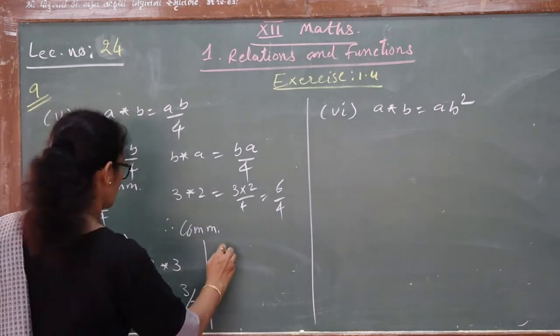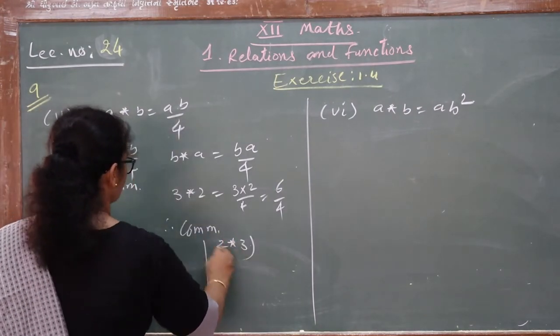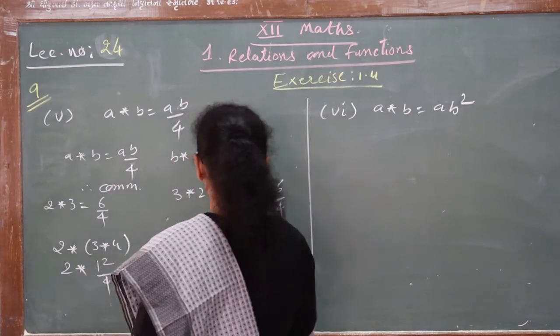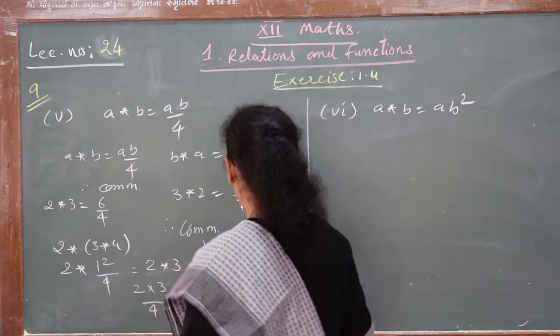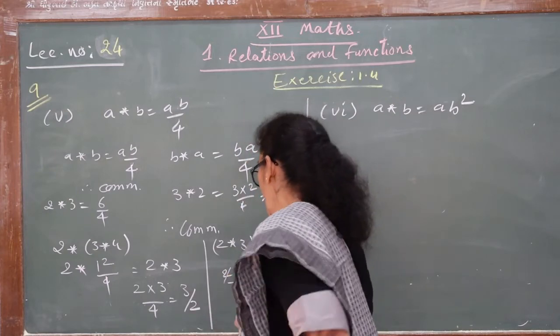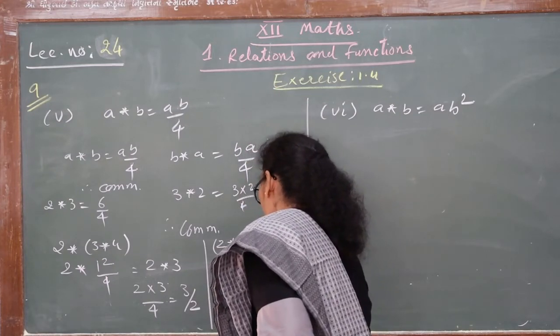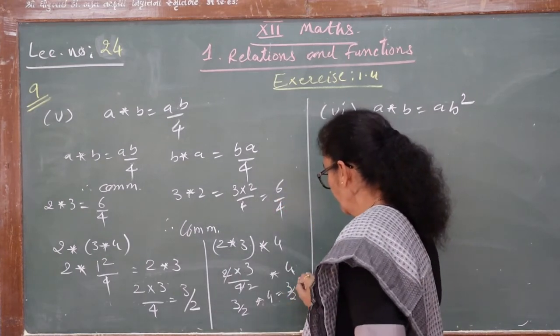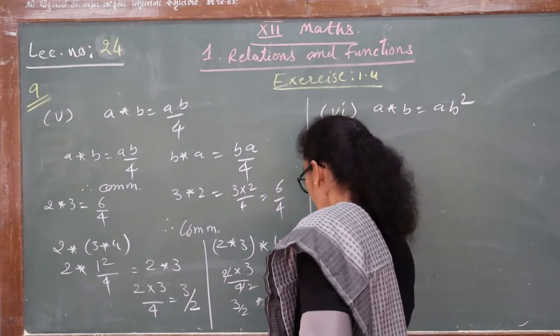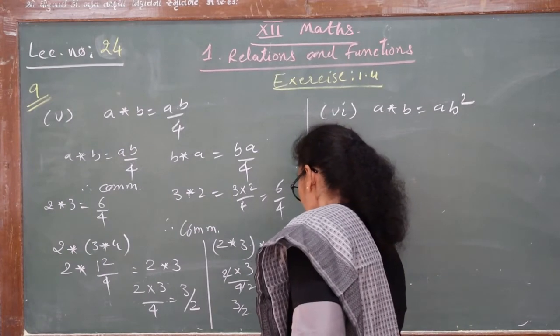Similarly, let's check on this side. 2 and 3 and 4. So 2 into 3 by 4, asterisk 4. 3 2s are, now again 3 by 2 and 4. So 3 by 2 into 4 by 4, 4 and 4 cancel, answer is 3 by 2.